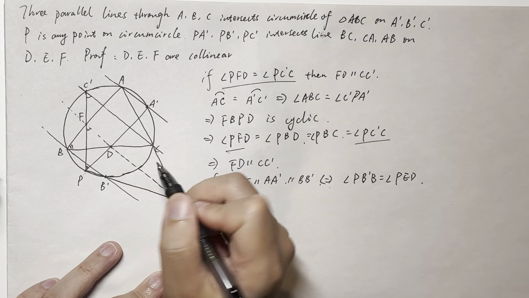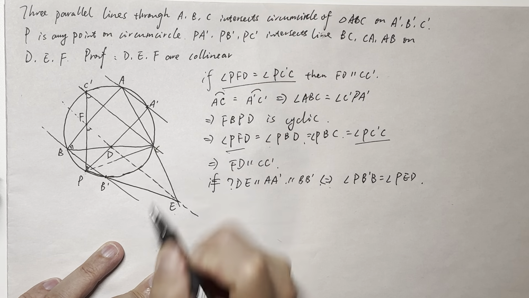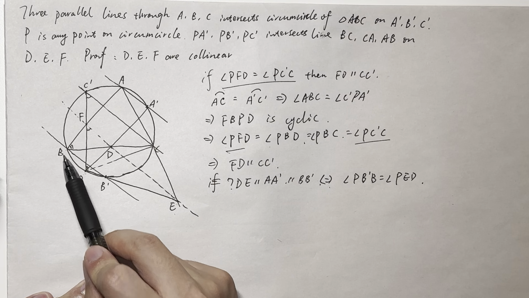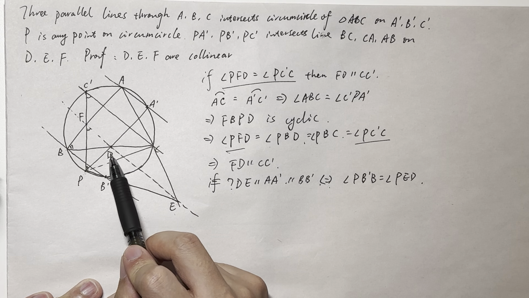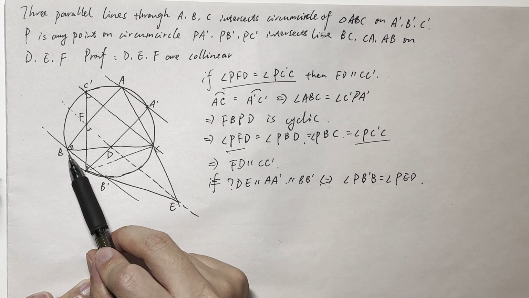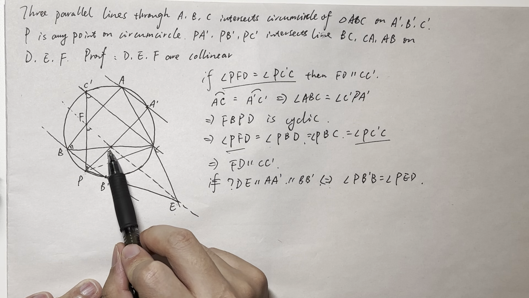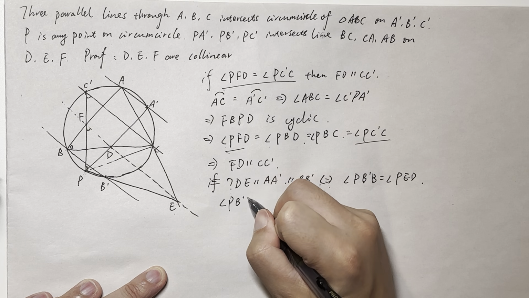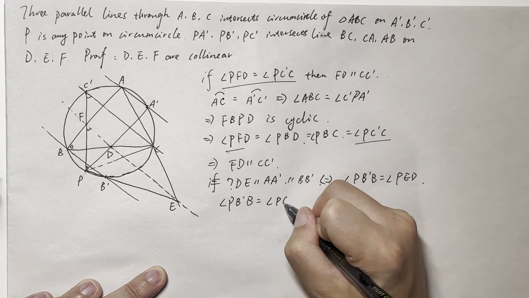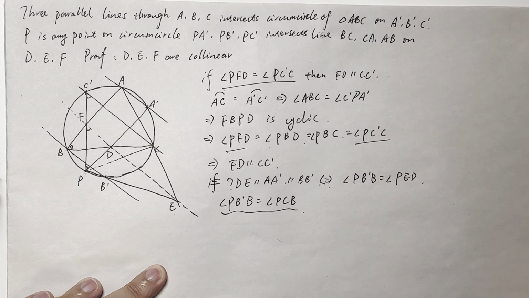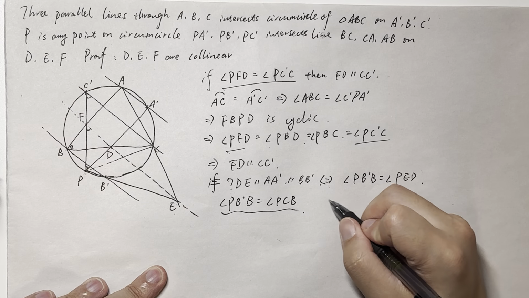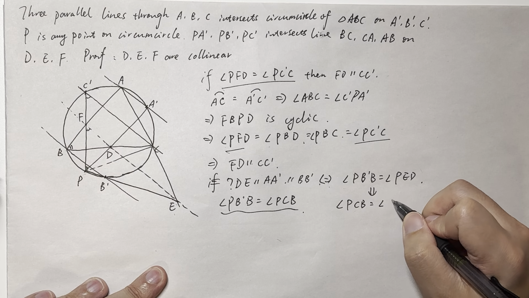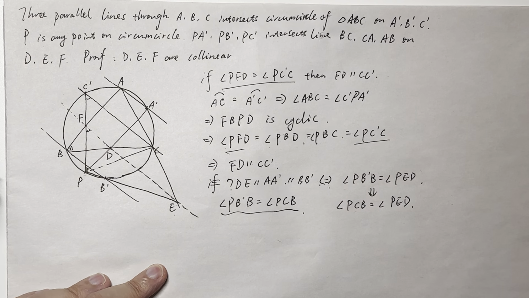Let me just draw it here, right? So we want to prove that PB prime B equals to PED, right? So if PB prime B equals to PED, and we already know that angle PB prime B equals to angle PCB, right? We already know this. So if this is valid, that means angle PCB equals to angle PED, right?